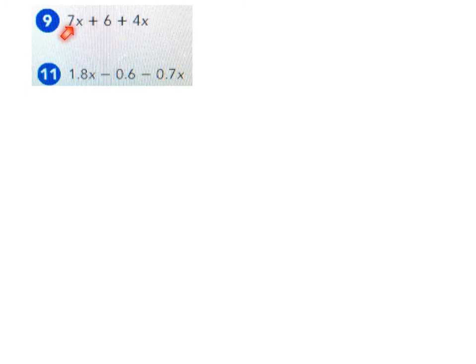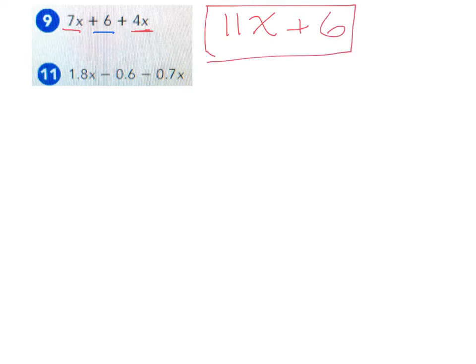Let's look at this next one. So we have 7x plus 6 plus 4x. I like to underline all my letters. So we're going to combine the 7x and the 4x, but the constant is going to be by itself. So 7 plus 4 would be 11x, and then we're going to add a 6, and the constant stays at the end.